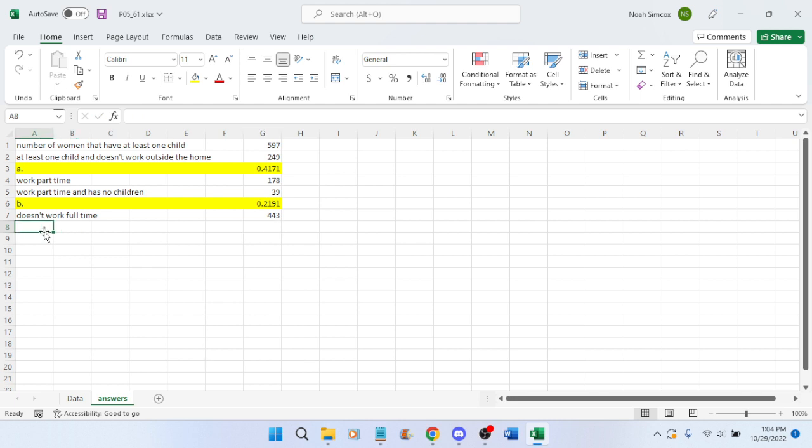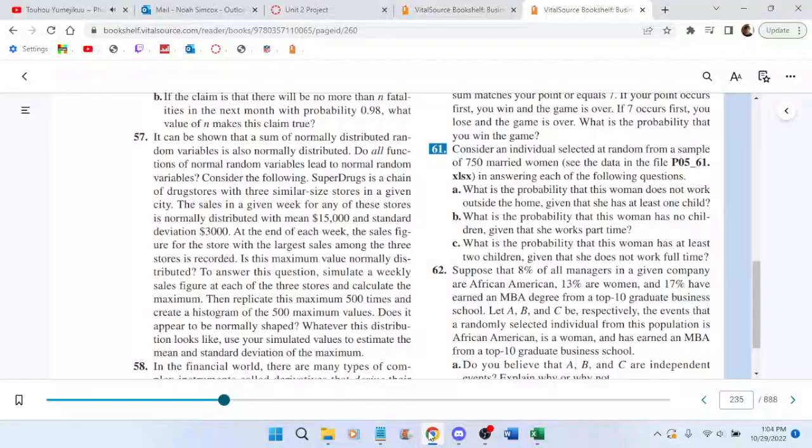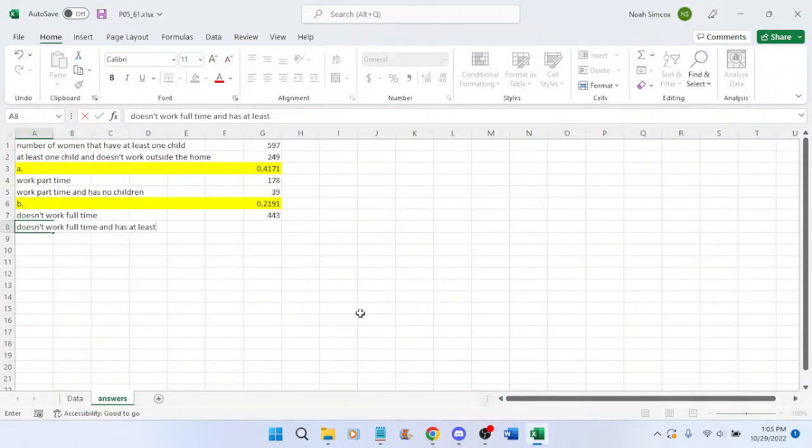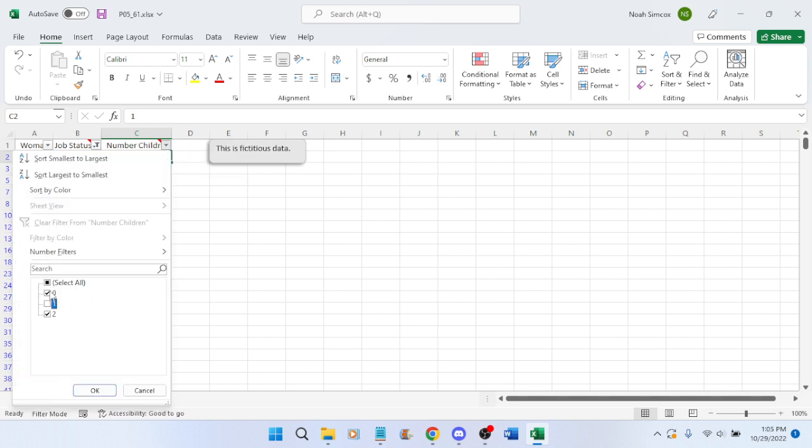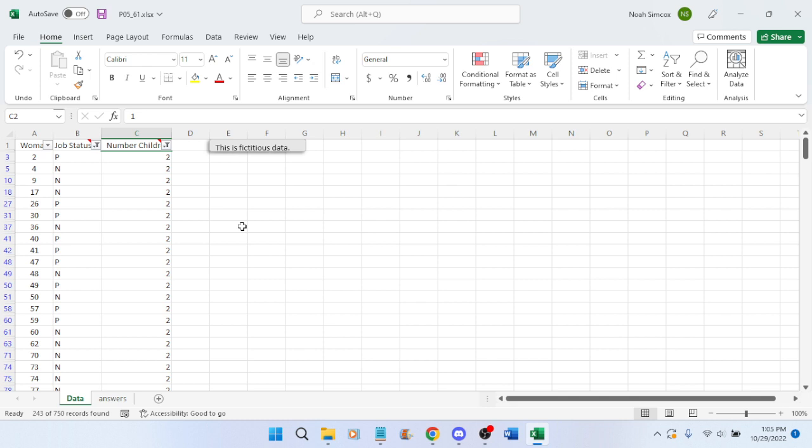So does not work full time and has at least 2 children. Okay, so we've already selected for this one, so now we need to narrow it down to has at least 2 children. So we will go filtering to that, and boom, we have 243 records. 243.